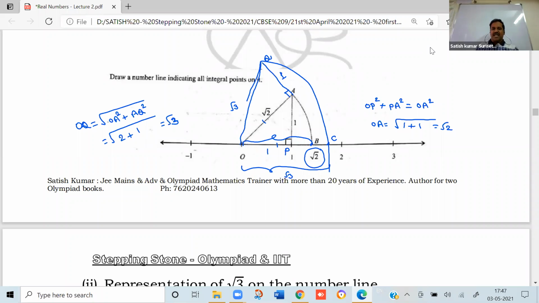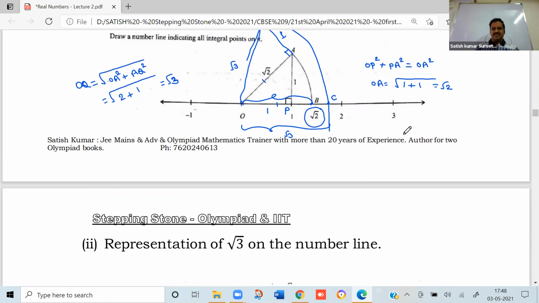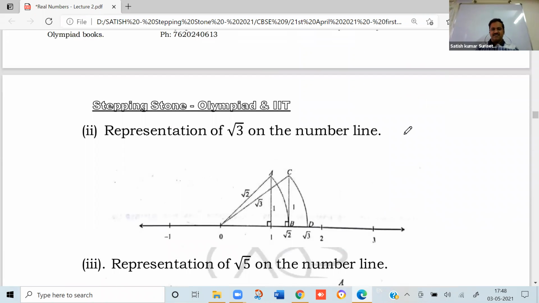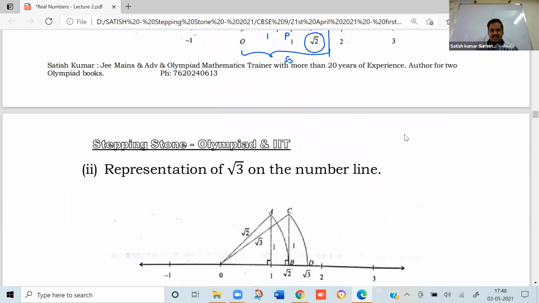This is one method. Another method is, instead of constructing a right angle here, you can draw a perpendicular at B itself. You observe the next figure. Here at B, we are drawing a perpendicular of length 1 unit. Now you join OC.